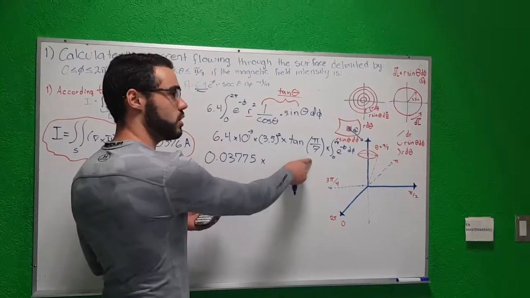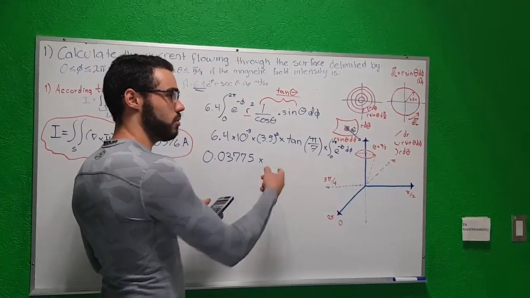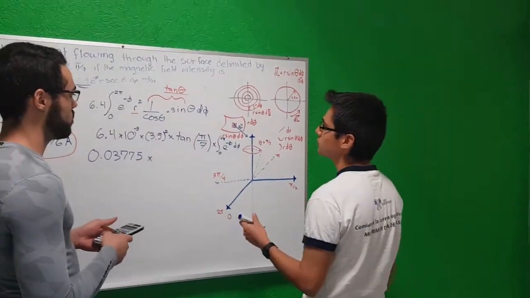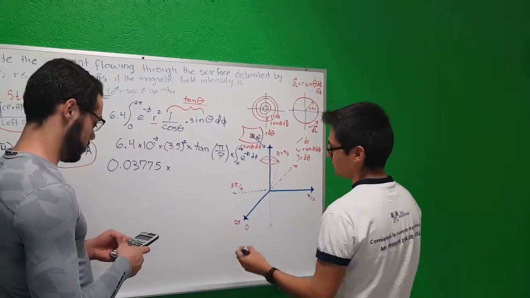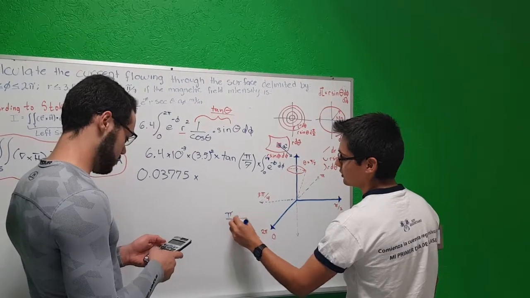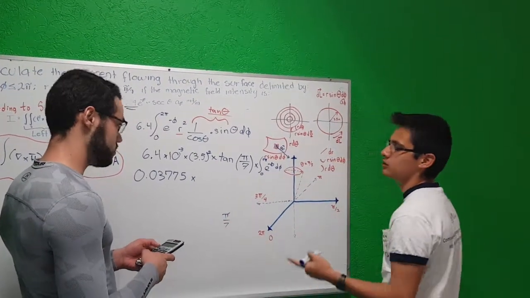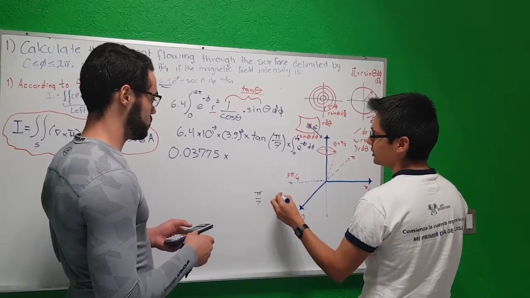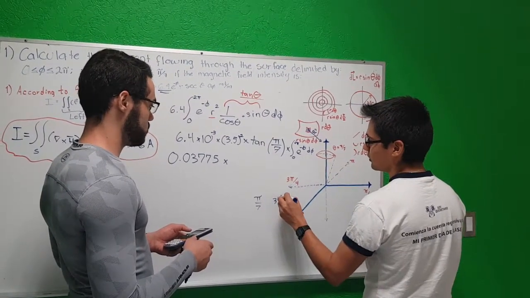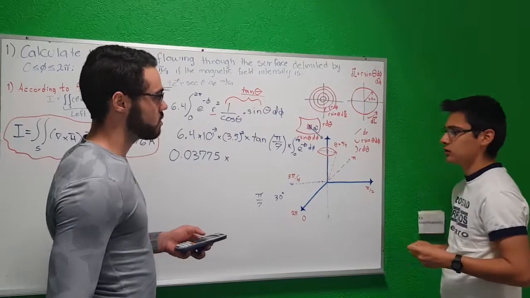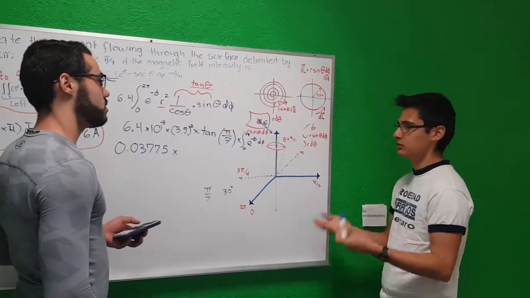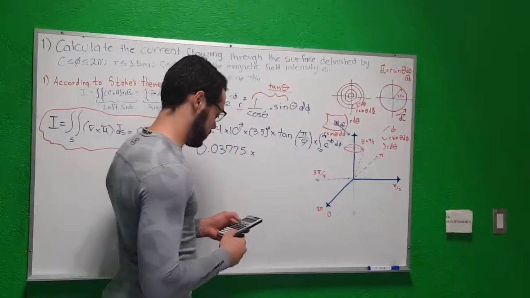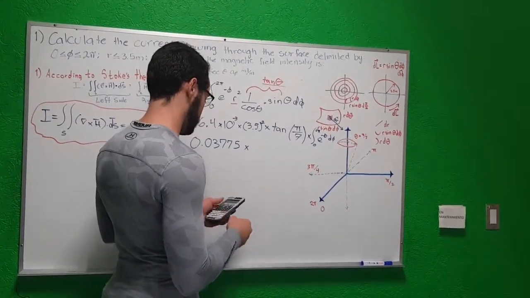Because we're using trigonometric functions? Yes, if we use an expression like pi over 7, we need to use a calculator in radians. And if we use degrees, for example 30 degrees, we have to use a calculator in degrees. Ah, okay. So it's in radians.